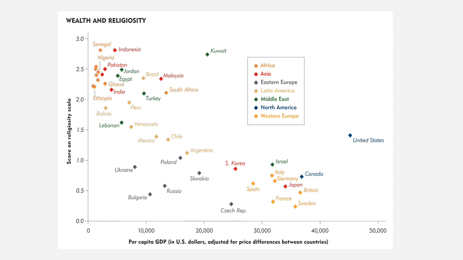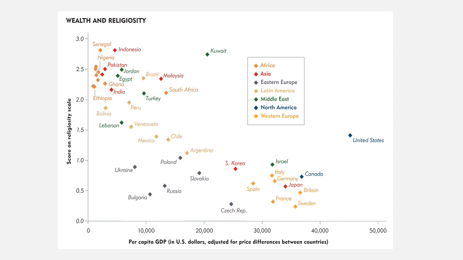The countries like Senegal, Nigeria, Indonesia, Pakistan, Jordan, those are all countries that are relatively poor, but have a high religiosity rate, okay? They scored close to a 3, or above a 2.5.